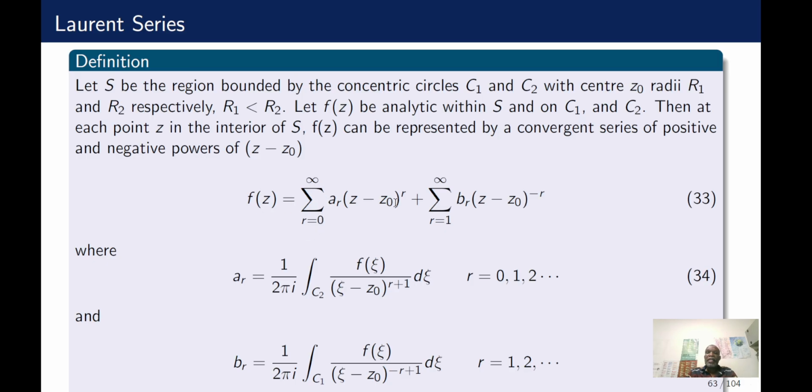The first part are the positive powers, plus the second part of the series are the negative powers. So it is both positive and negative powers. And in the Taylor series, our functions were expressed in terms of derivatives.